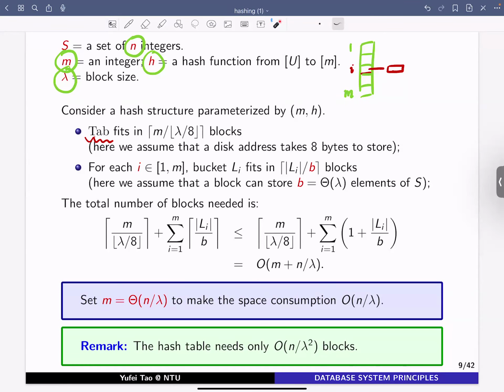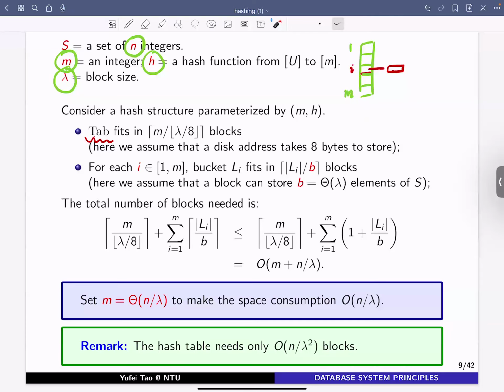So overall, this explains why the space complexity is m plus n over lambda. So this calculation tells us that it's not such a great idea to increase the value of m indefinitely. At some point, you know that the value of m should not be set any higher because that will force you to use more space.